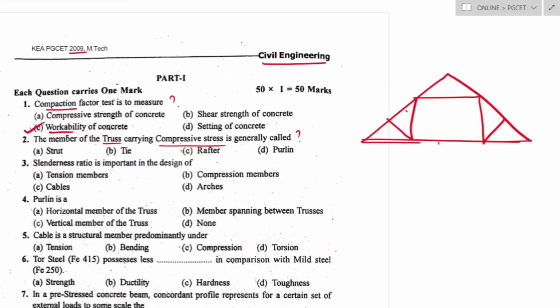This member is called as tie beam or horizontal beam, which mainly resists tensile force, and these members are called struts, which mainly resist compressive force or compressive stresses, and these members are called rafters or common rafters.